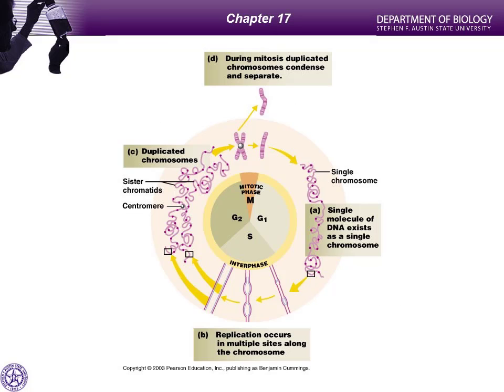All right, so this is a nice illustration of how we have our single chromosome. We begin to replicate our DNA, and so by the time we get to the end of the S phase, we absolutely have our sister chromatids. You see how they're all loose here? They're all spread out.